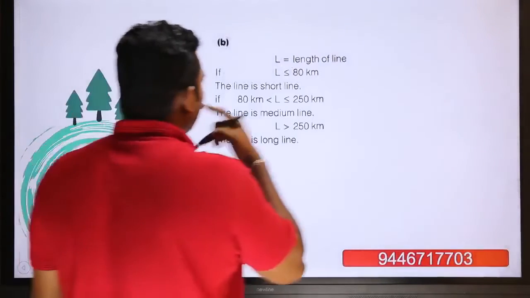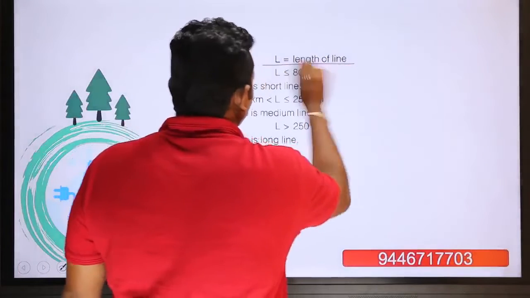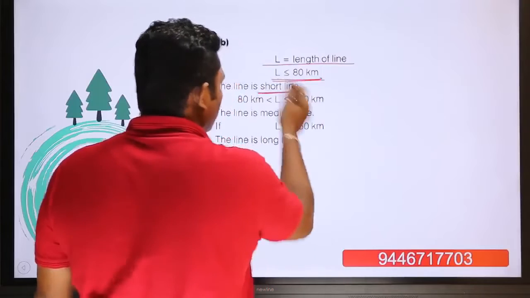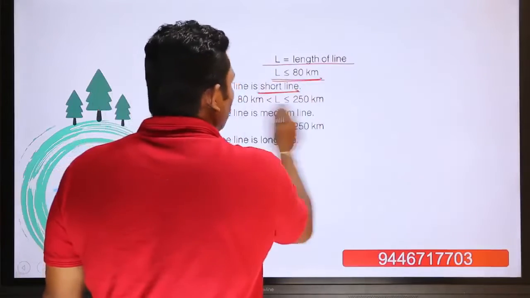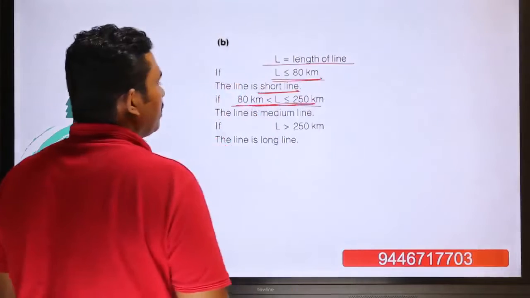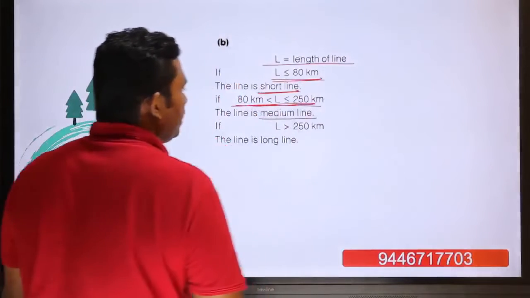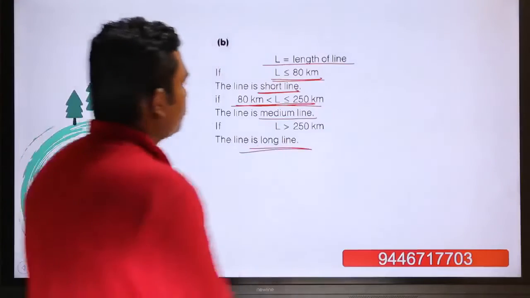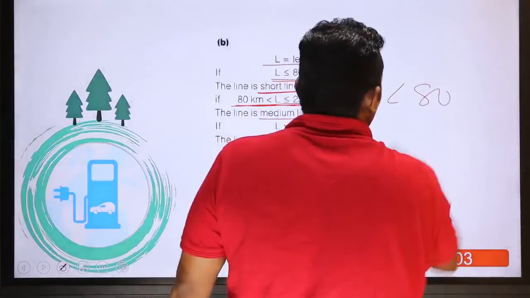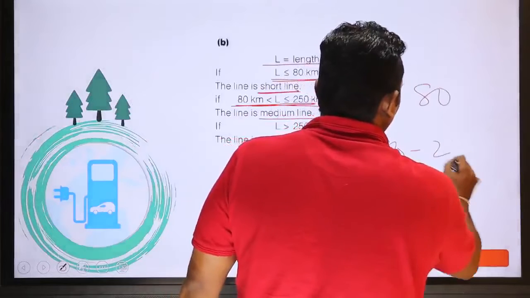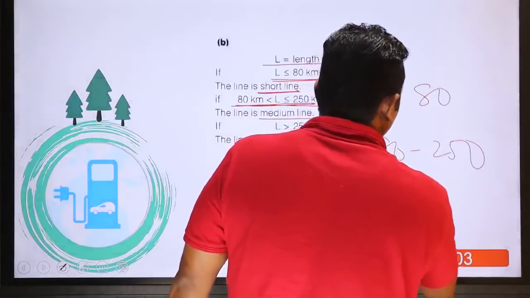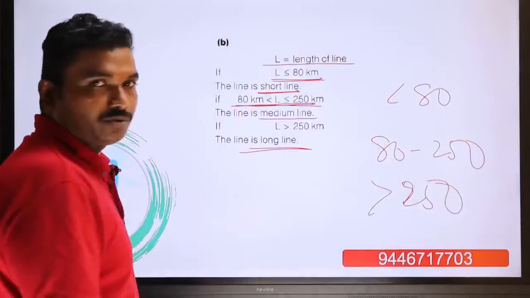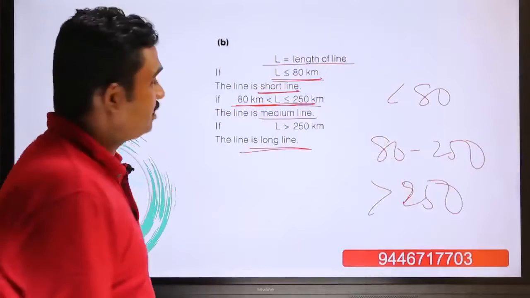Our conclusion is that if L is the length of the line and it is less than 80 kilometers, we say it is a short line. 80 to 250 kilometers, we say it is a medium line. Greater than 250 kilometers, we say it is a long line. So it is less than 80, 80 to 250, and greater than 250.